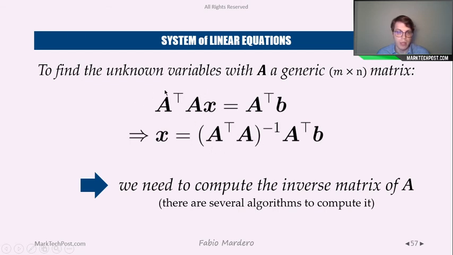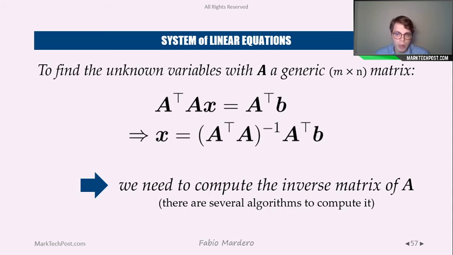We multiply both sides with respect to the inverse. Here the product goes to 1, so it simplifies, and x remains. And here we get the inverse of this term multiplied by the transpose of A times b.